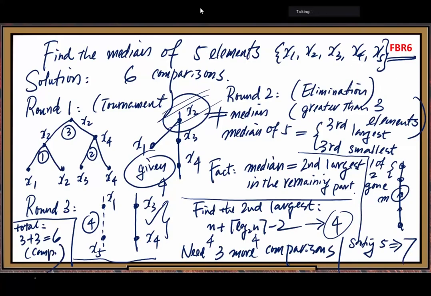Question? Here, because we know how to find the second largest, I do not repeat the whole thing. We did that before, but we can save one of the comparisons.